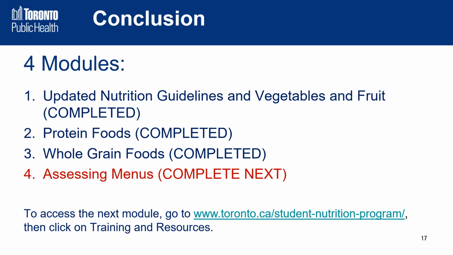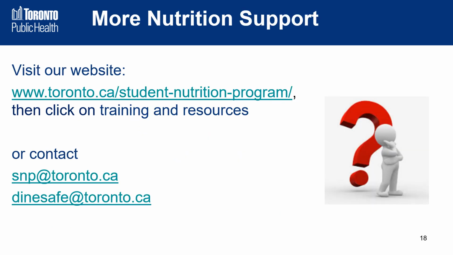You can access Module 4, Assessing Menus, by going to www.toronto.ca/student-nutrition-program/ then clicking on Training and Resources. You can also visit the City of Toronto's website, which is updated regularly with health advice and information.